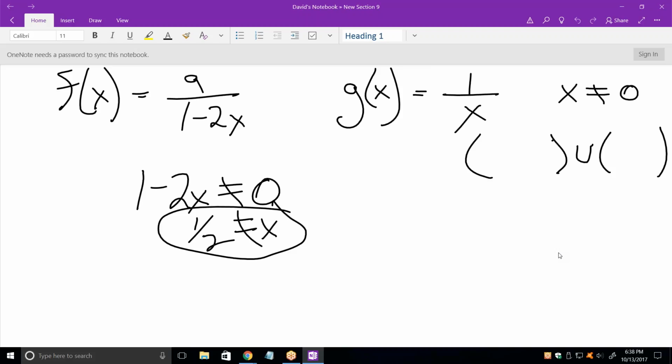Start from the far left on the number line. What's the far left on the number line? A number line begins on the far left at negative infinity.